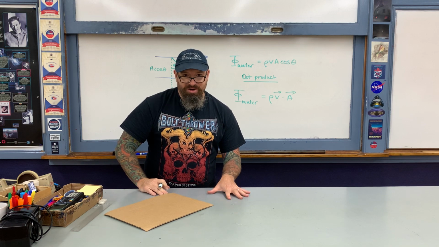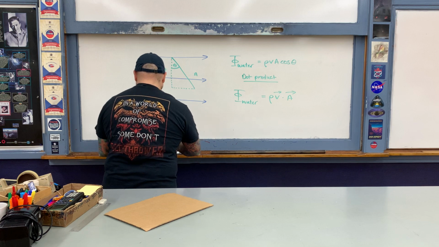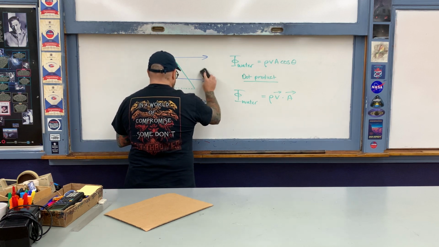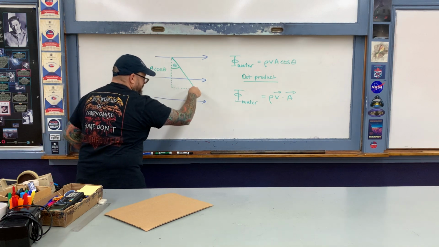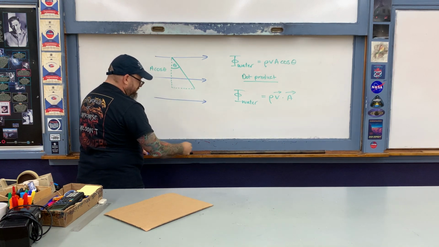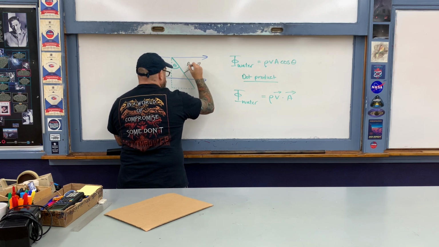What is the area vector A? Well, let's go back to this diagram here. On this diagram, right here is the area, and then drawn perpendicular to that, like so, is another vector.